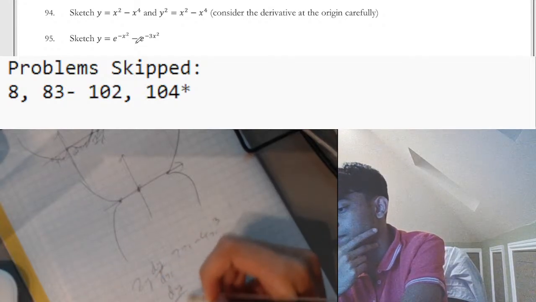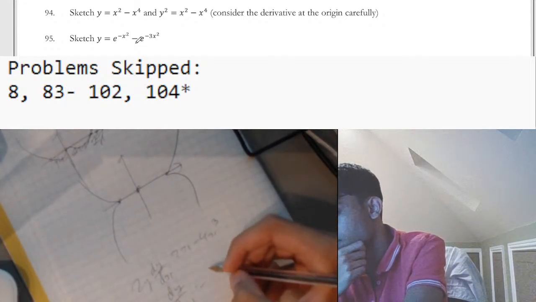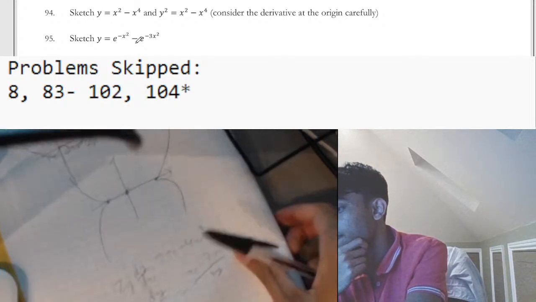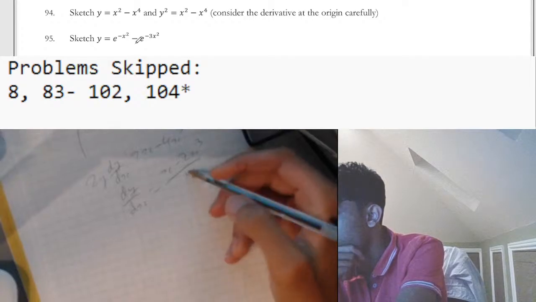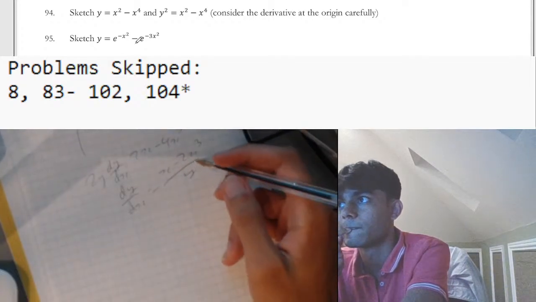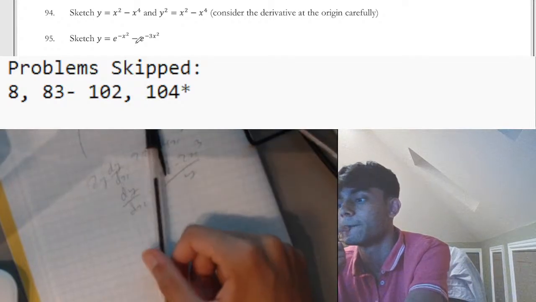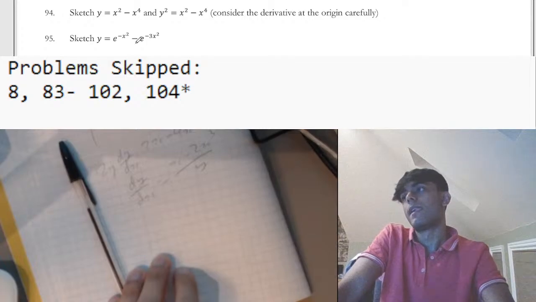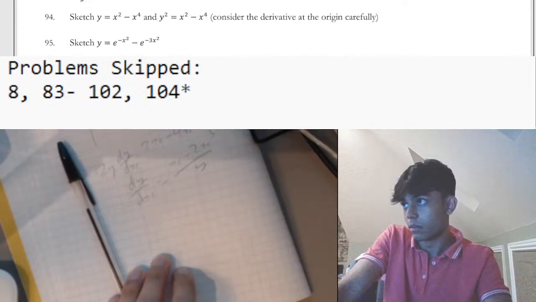So dy by dx is x minus 2x cubed over y. And at x equals 0, y is also 0. So the derivative is undefined. I mean, because there's no other points around it, so it's called undefined.